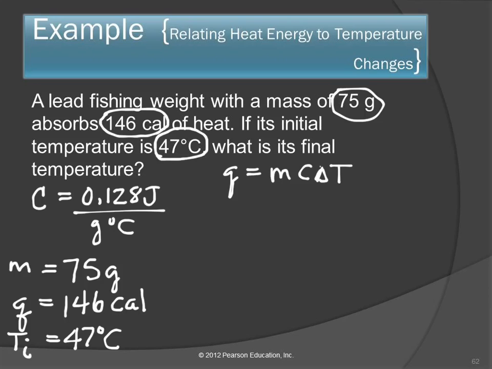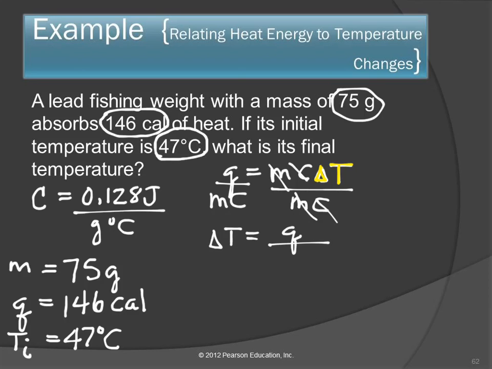Because once we know delta T, we can find the final temperature. So we're going to divide by M and C on this side, so those guys cancel out. That means we have to divide by M and C on that side. So we're going to end up with delta T is equal to Q divided by MC.